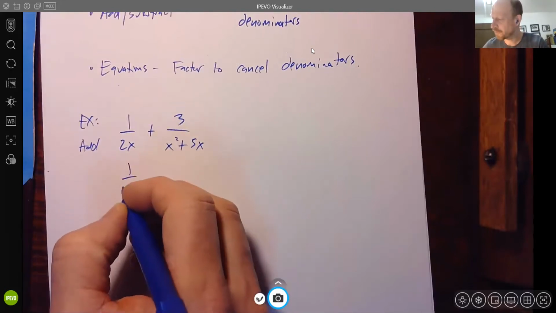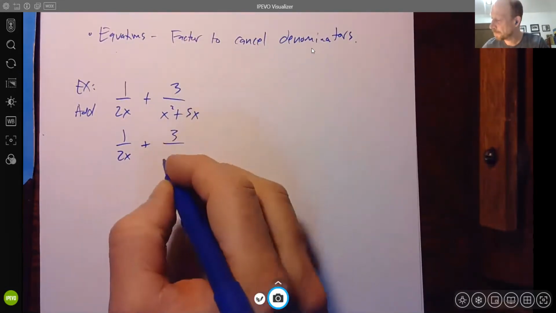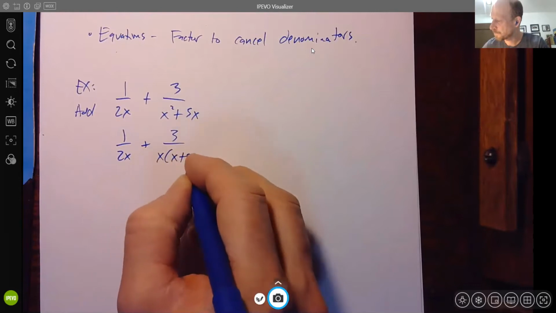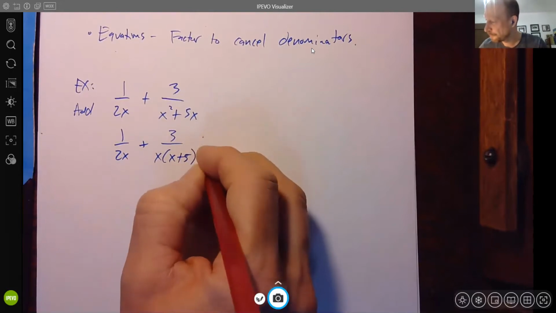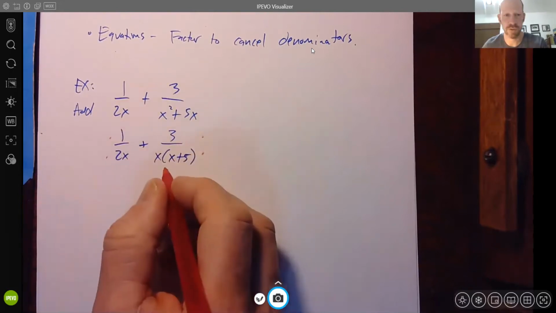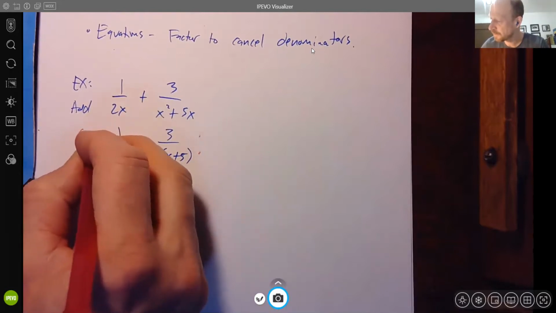And so I do that by factoring. The 2x is already factored, and x squared plus 5x is a GCF factoring, x times x plus 5. And so here I know what the common denominators are, sort of what's missing. Over here on this left side, I need an x plus 5.